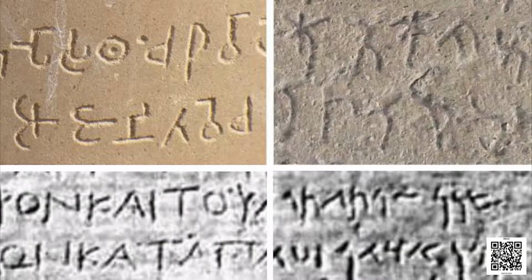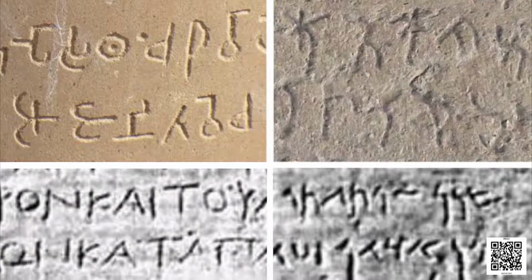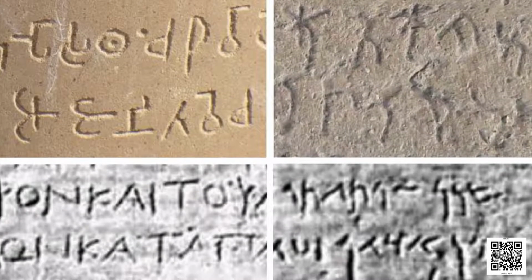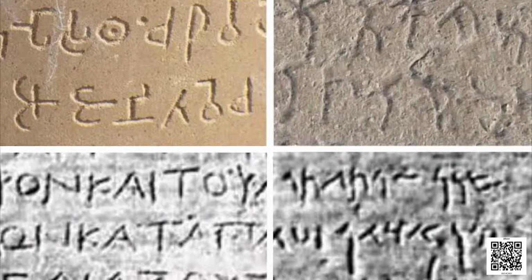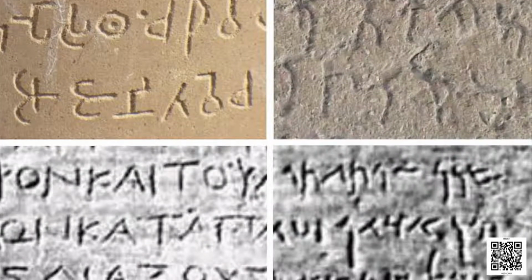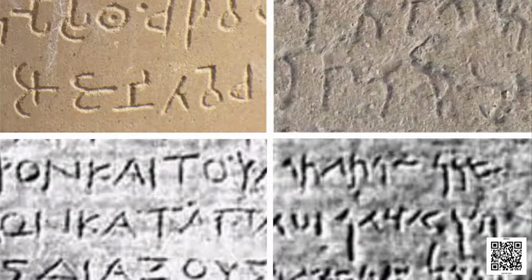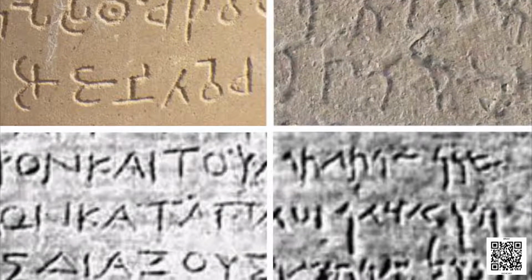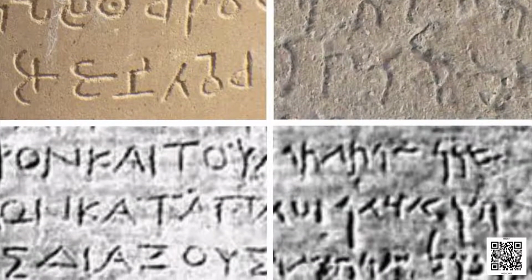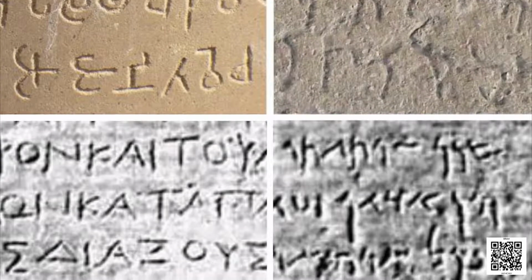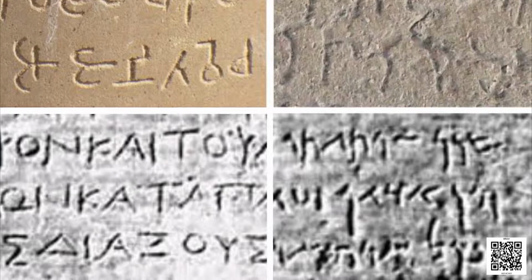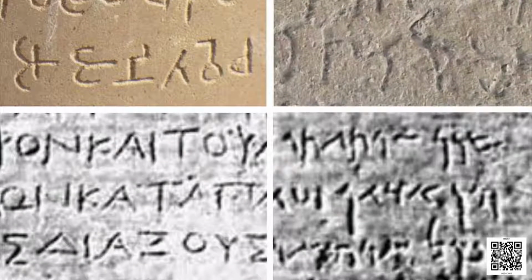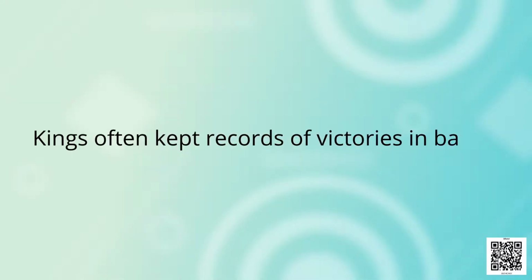These are writings on relatively hard surfaces such as stone or metal. Sometimes kings got their orders inscribed so that the people could see, read and obey them. There are other kinds of inscriptions as well, where men and women recorded what they did. For example, kings often kept a record of their victories in a battle.